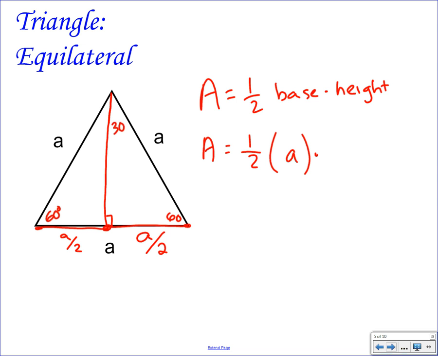Well, let's just look at this 30, 60, 90 triangle. I know the side opposite the 30-degree angle is 1/2 of a. The side opposite the 60 is the side opposite the 30, or the shorter leg, times √3. The longer leg is the shorter leg times √3. So a√3 over 2. So that's my height.